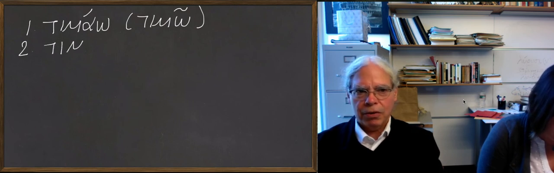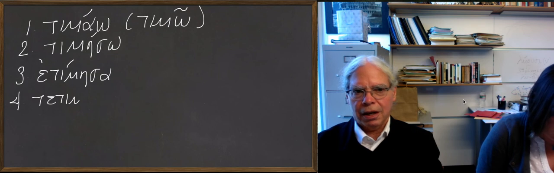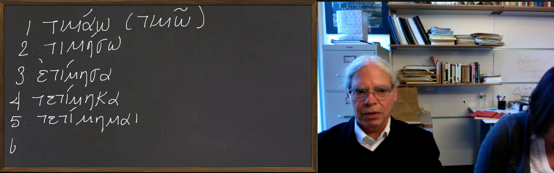Then it's timēsō with an eta, and that's the future. The aorist is etimēsa. The perfect is tetimēka. The perfect middle is tetimēmai. And the aorist passive is etimēthēn.